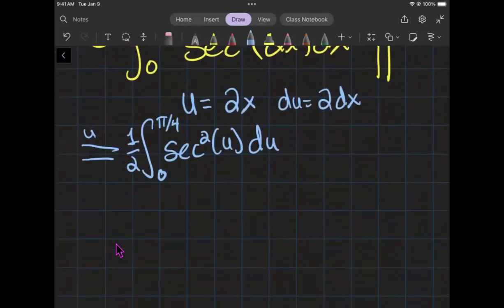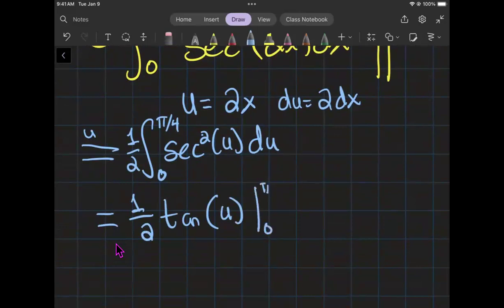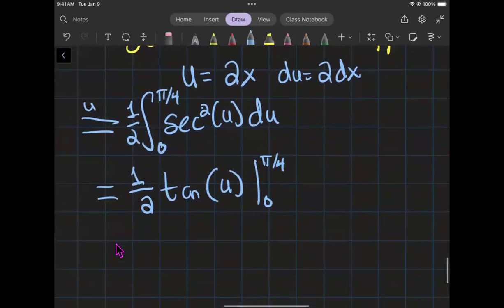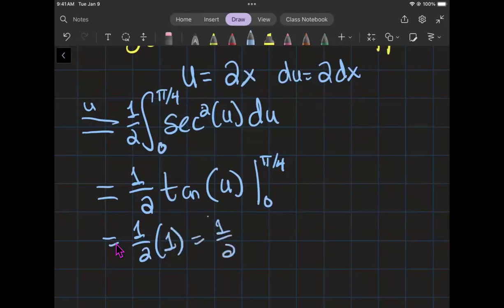What's secant squared of u's antiderivative? Should be tangent. I know you said that, so it'll be 1/2 times tangent of u, going from 0 to pi over 4. Okay, so this equals 1/2 times tangent of pi over 4, which is 1, minus 1/2 times tangent of 0, which is 0. So this is 1/2.